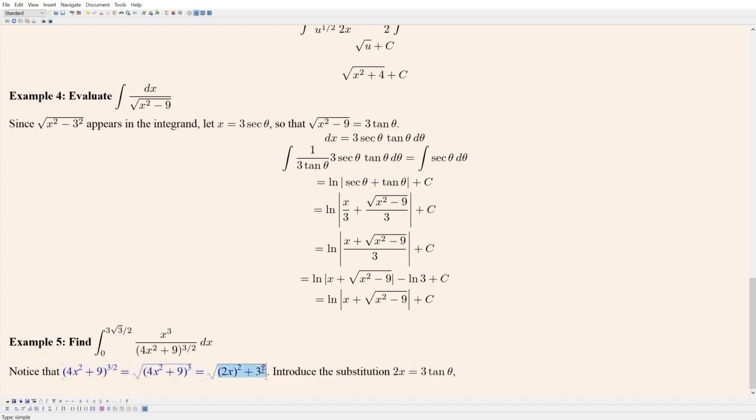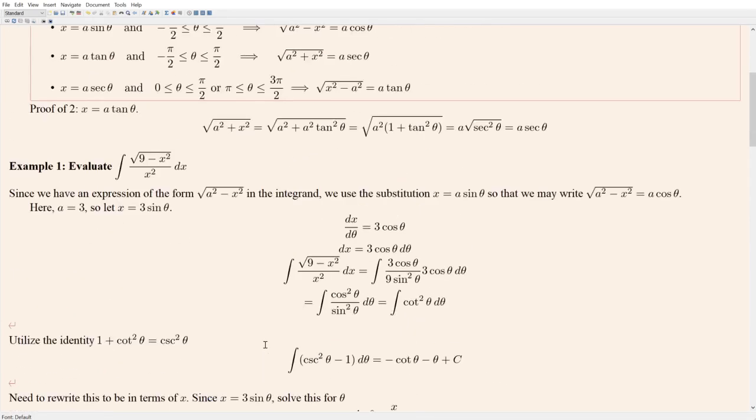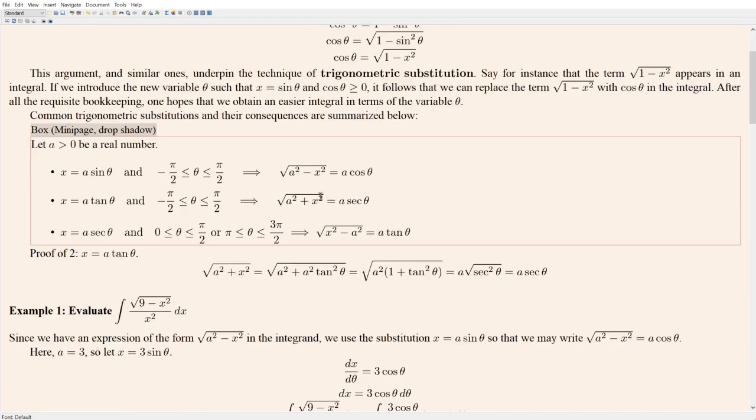Take this and raise that to the power 3. Algebraically, this is fine. So if we do that, then this term here becomes 3 secant theta.